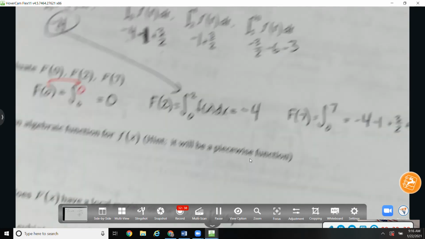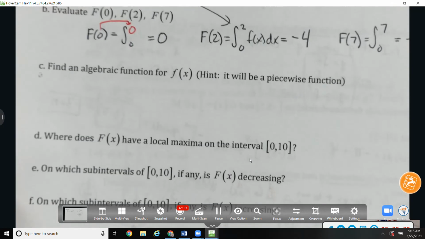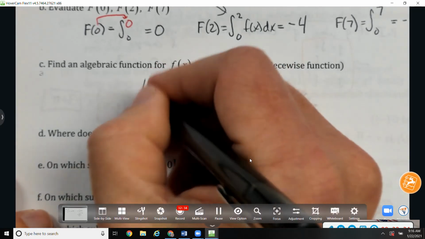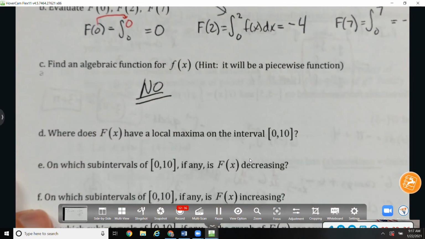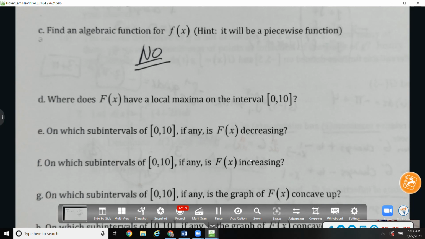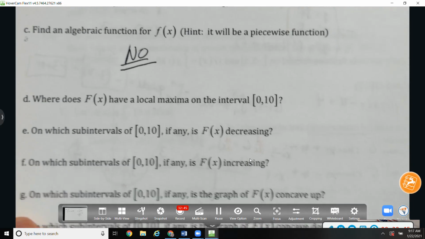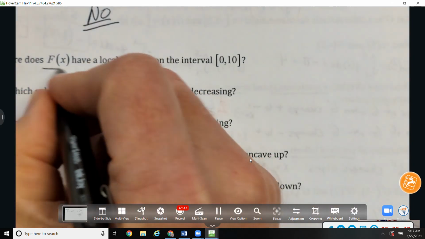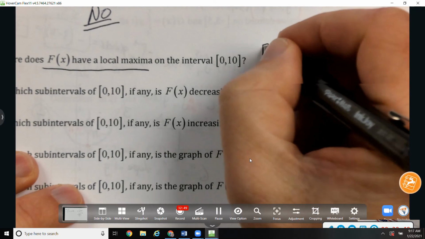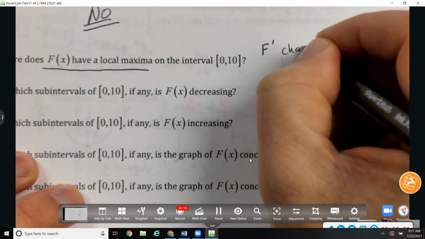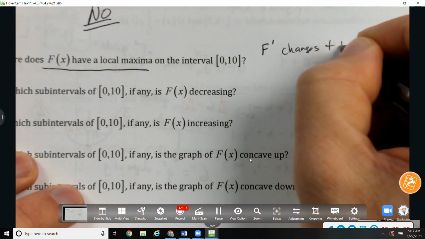Find an algebraic function for f. Hint, it will be a piecewise function. How about no? We're not going to do that. Where does F have a local maximum? Well, that would be where F prime changes from positive to negative.